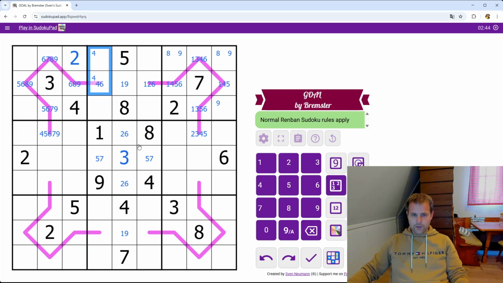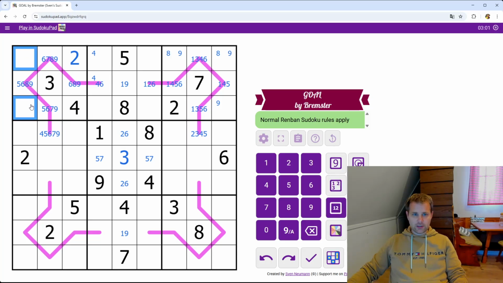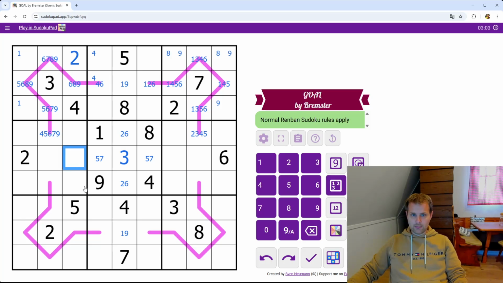The 3, no, there doesn't have to be a 3 on there, so never mind. This 4 or 6 is this one or one of those. We can say that there must be a 1 here.